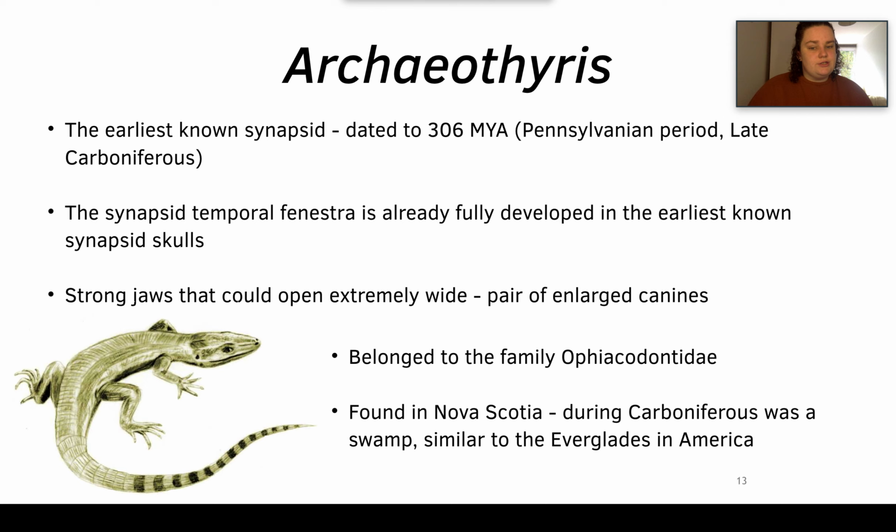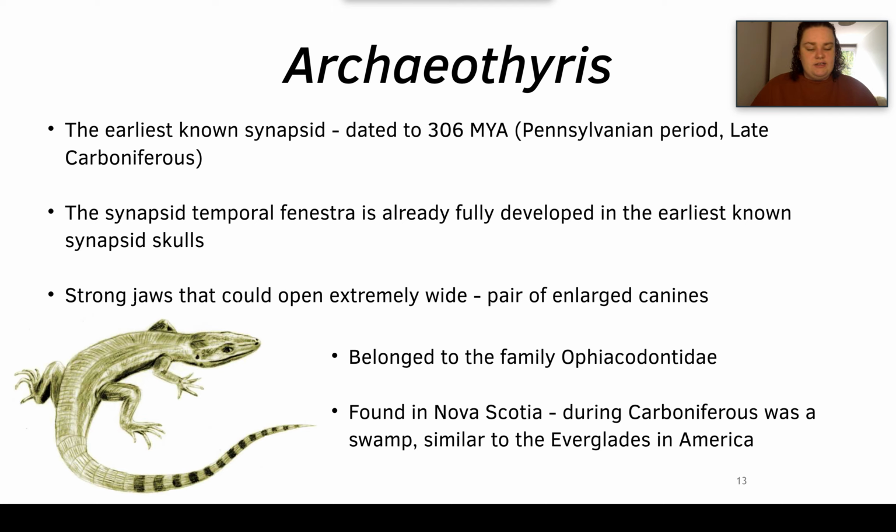Archaeothyris is the earliest known synapsid. It's dated to 306 million years ago, which is the Pennsylvanian period of the late Carboniferous. The synapsid temporal fenestra is already fully developed, so this one temporal fenestra is already present in Archaeothyris, and it had strong jaws that could have opened extremely wide, and a large pair of canines, so it was probably a carnivore or insectivore.